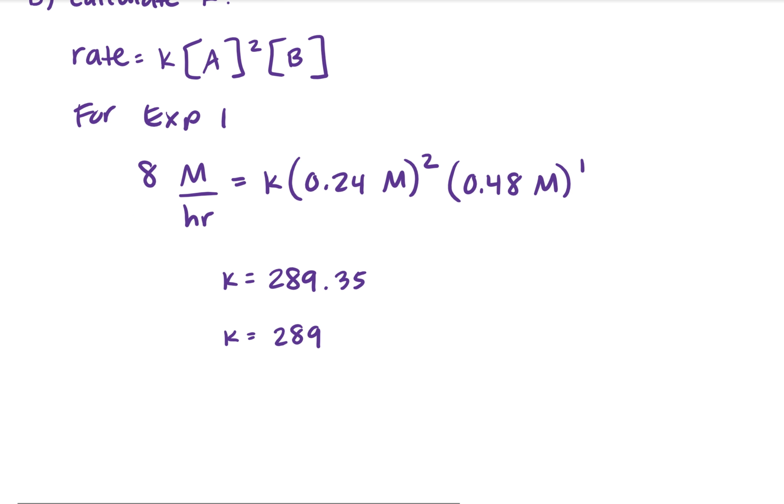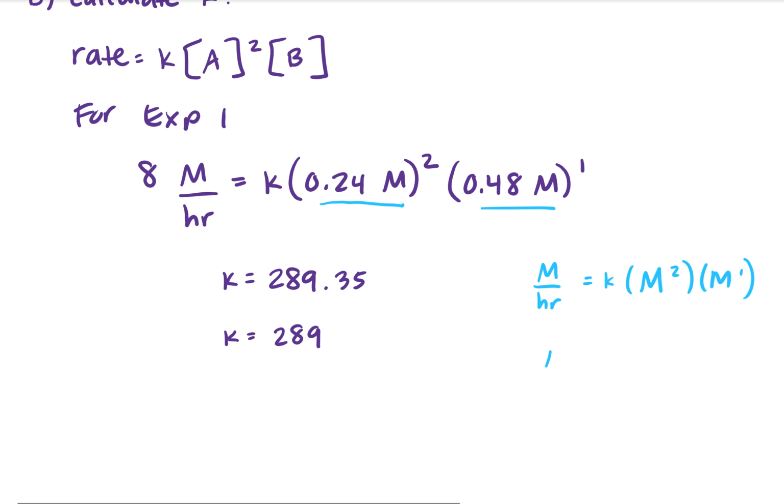So if I look at this 0.24 molar, notice that it says squared. On this side of the equation, I have k, and let's just focus on what the units would be. Molarity squared, and then I have molarity to the first power. And on the left-hand side, I still have molarity over hours.